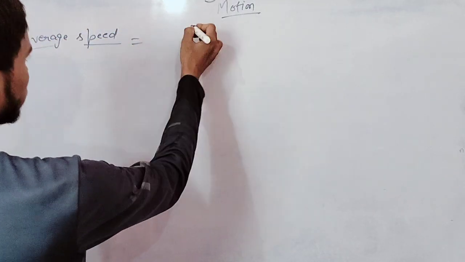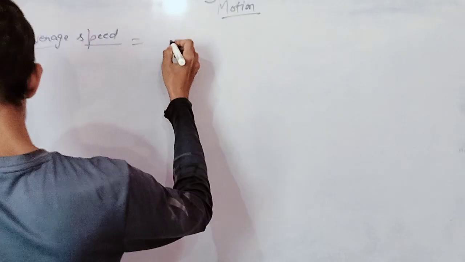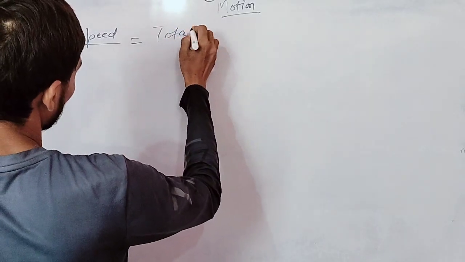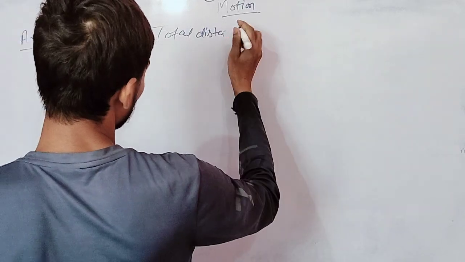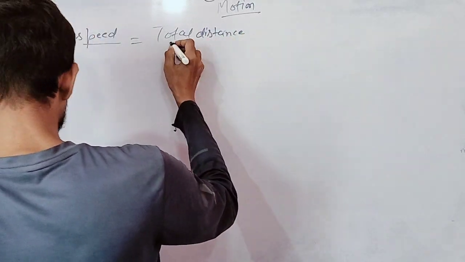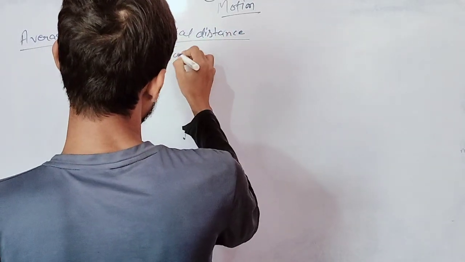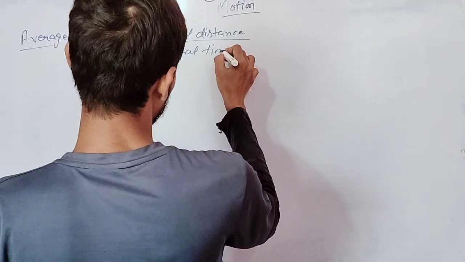Okay. Now here we are understanding average speed. Same distance upon time, but as I said, there will be something that changes. Average speed is total distance upon total time taken.